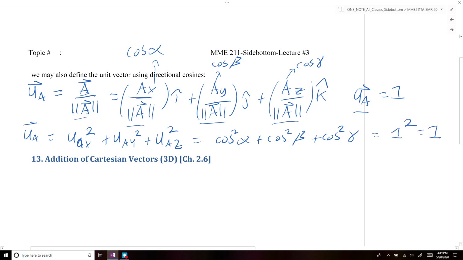So if you have any two of our coordinate direction angles, you can solve for the third coordinate direction angle using this equality that we have on the very bottom here. Okay. So that concludes this video on Cartesian vectors in 3 dimensions.